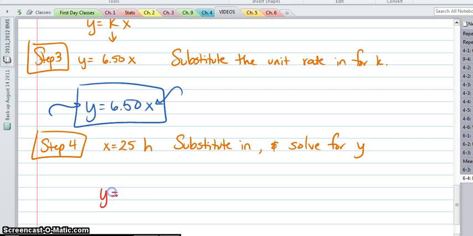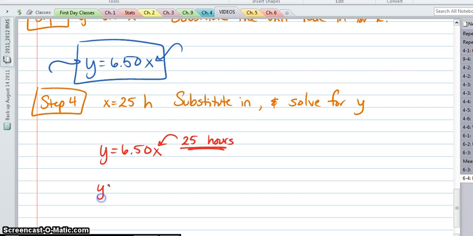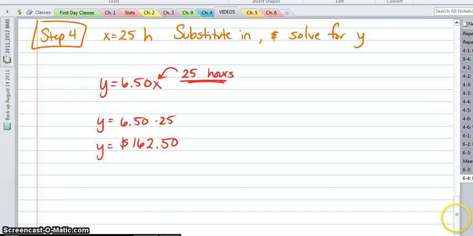So again, here's my equation, 25 hours, and it makes sense to substitute it in for x because x is the number of hours, and ultimately if I take $6.50 an hour and multiply it by 25, I should figure out the total money she earns. And when we do that, we get y equals $162.50.